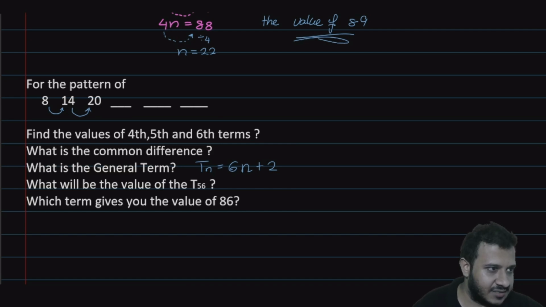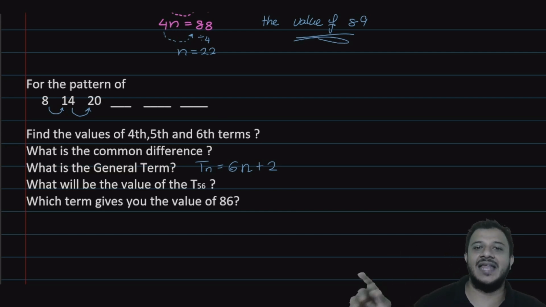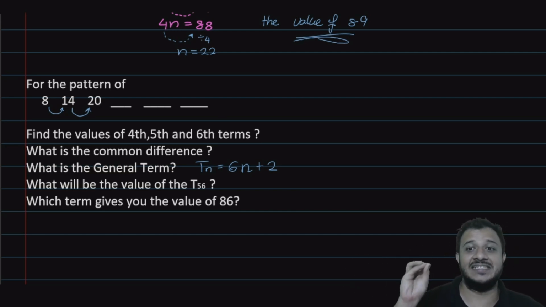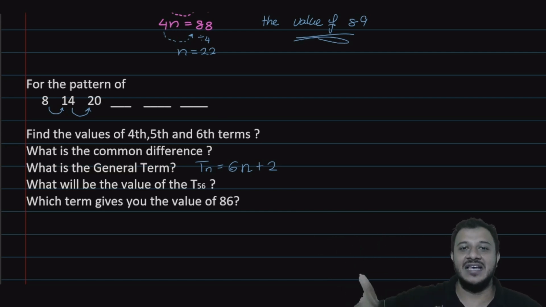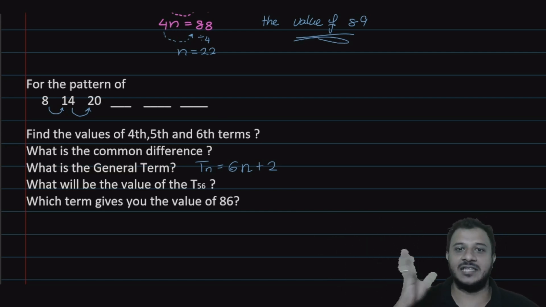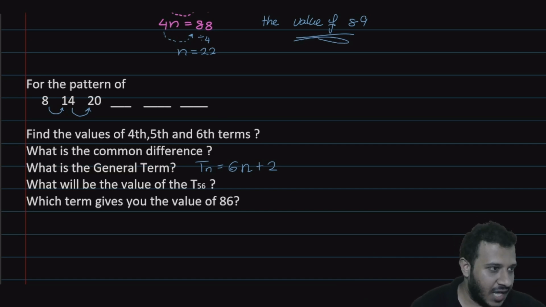But the way you wrote the third answer is wrong. It's 6n plus 2, not tn equals tn. Tn is equal to 6n plus 2. And then your fourth answer is wrong. You didn't do the multiplication properly there. Fifth answer is correct.